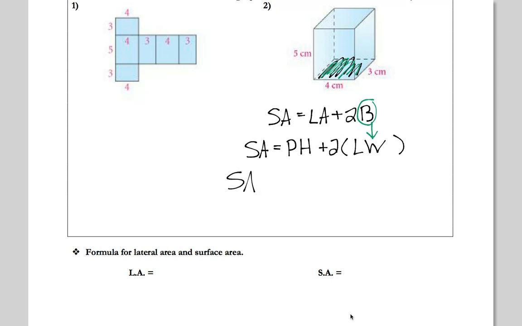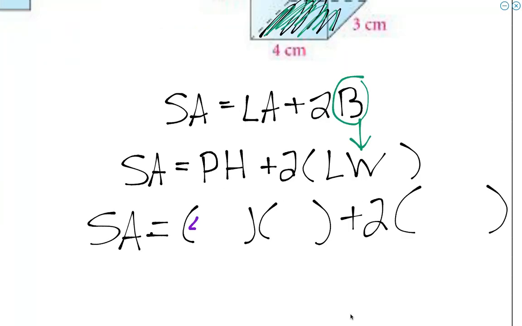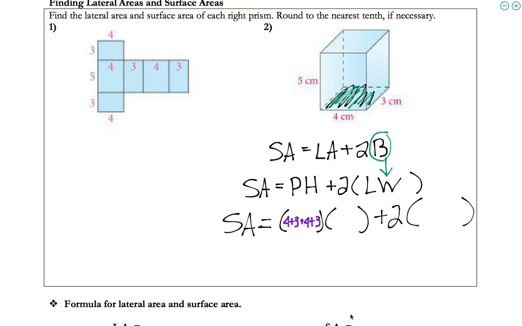So surface area equals the perimeter. So I'm going to start putting in my open parentheses here. The perimeter is 4 plus 3 plus 4 plus 3. The height is 5. And the base is 4 times 3.